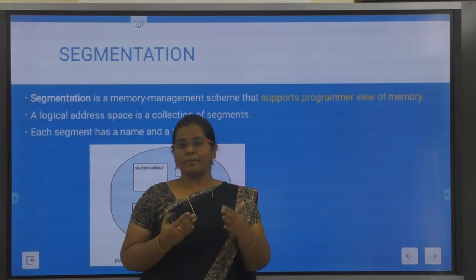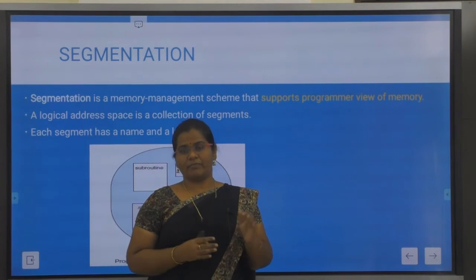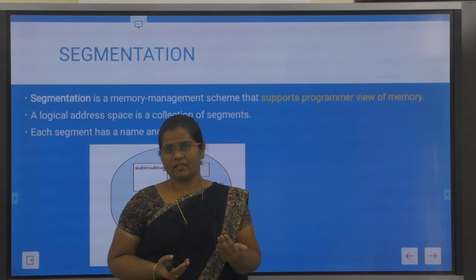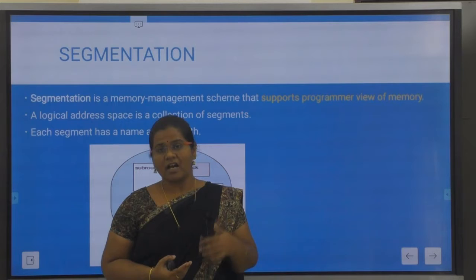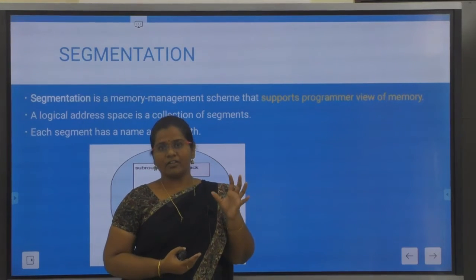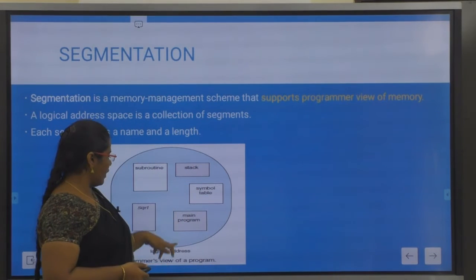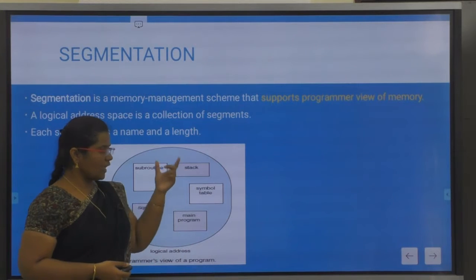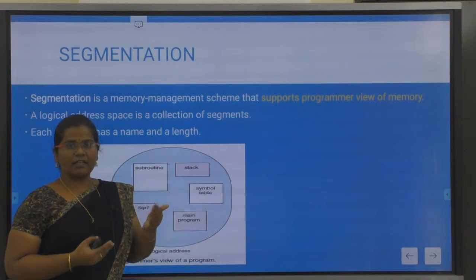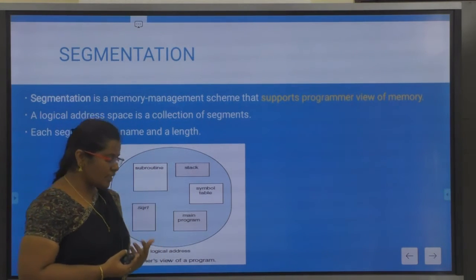Now, from the programmer's or user's point of view, what is a segment? When you consider a small program and are asked to divide it into different segments, how would a programmer's view look? Let us go with the diagram here. Consider a C program.